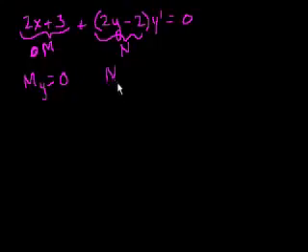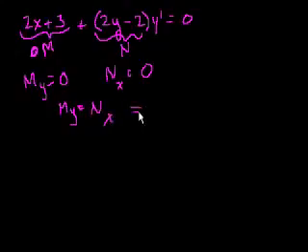The partial of N with respect to x is equal to, well, there's no x here, so these are just constants from an x point of view, so this is all going to be 0. We do see that they're both 0, so M sub y, the partial with respect to y, is equal to the partial of N with respect to x. So this is exact. Actually, we don't have to use exact equations here; we'll do it just so that we get used to it. If you looked here, you could have figured out that this is actually a separable equation. But anyway, this is exact.